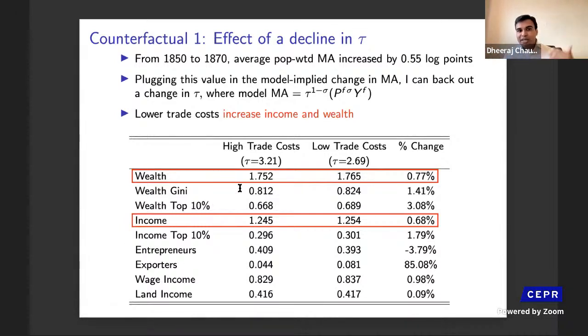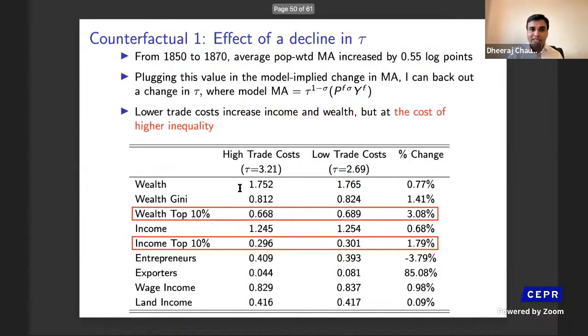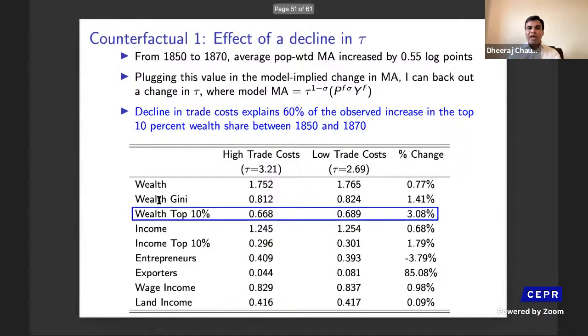And I find that lowering trade costs lead to an increase in income and in wealth both. And this increase in income and wealth comes at the cost of higher wealth inequality. The wealth top 10% goes up by approximately 2.1 percentage points. Income top 10% goes up and wealth Gini goes up. In terms of magnitude, for this empirically observed decline in trade cost, the wealth top 10% goes up by approximately 2.1 percentage points.